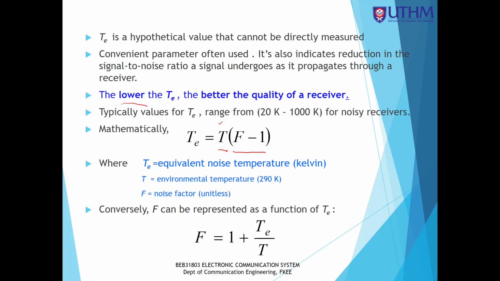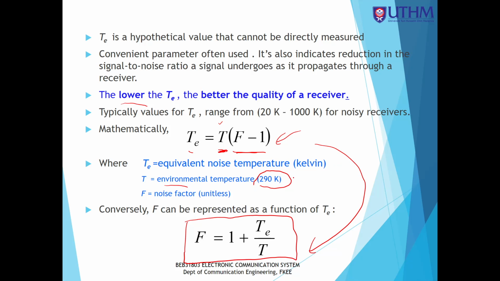So kalau you susun semula persamaan ini, you akan dapat F equal to 1 tambah TE bahagi dengan T. Remember dalam you punya nota environmental temperature, suhu bilik by default adalah 290 Kelvin bersamaan dengan 17 darjah Celsius.